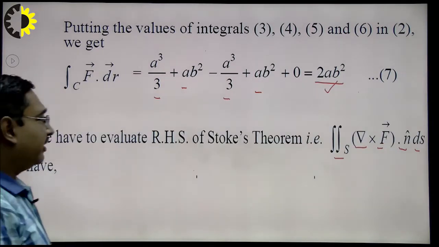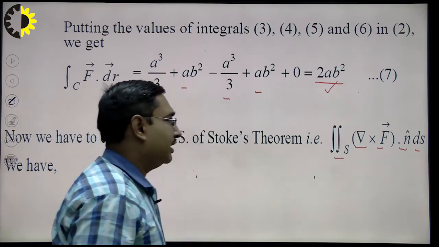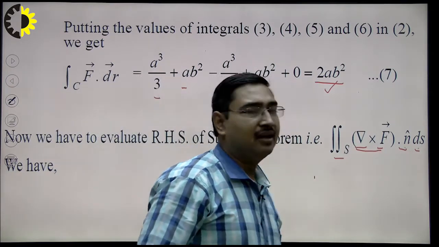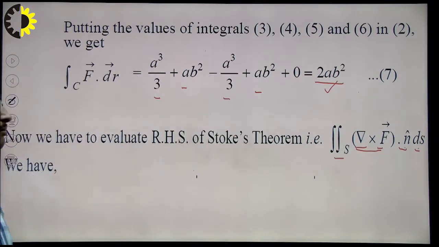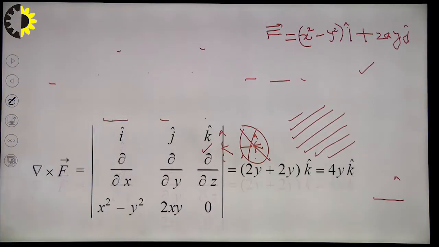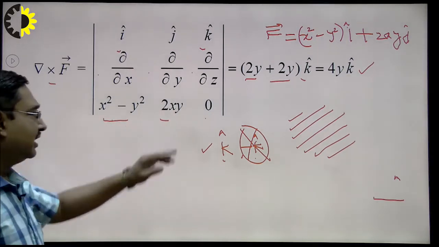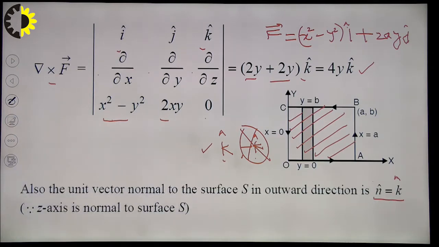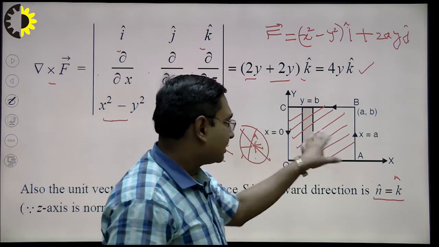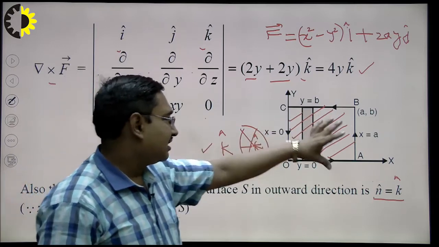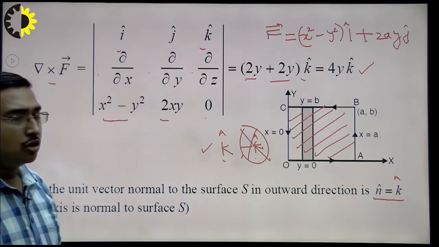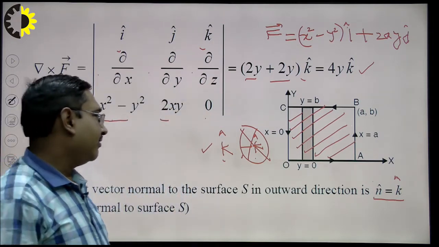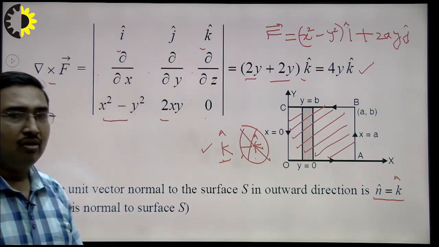Now, to evaluate del cross f dot n cap ds, I first calculate this del cross f, then n cap, and then ds is replaced by dx dy. Because f is given, there is no difficulty in finding curl f, that is del cross f. Then I decided what is the surface bounding this curve. The flat surface of the rectangle was in the xy plane, so its normal vector n cap will be nothing but k cap or minus k cap.